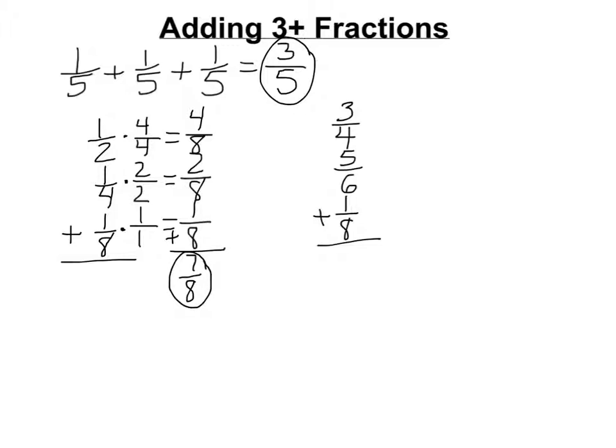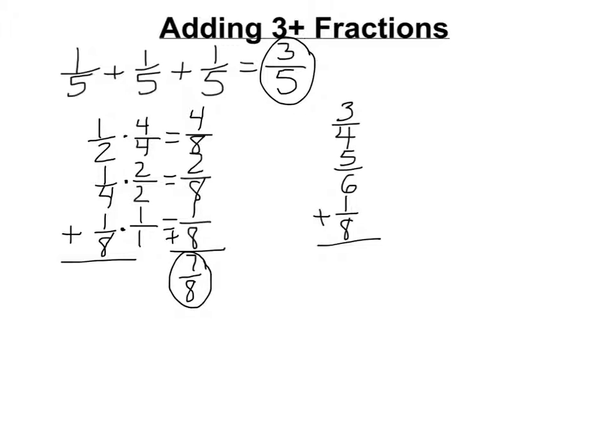So to find a common denominator, I could just take each of these and multiply them together. So 4 times 6 is 24, times 8, it's going to be much larger than I'd rather deal with.